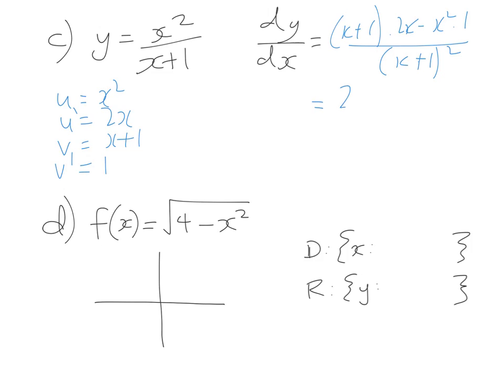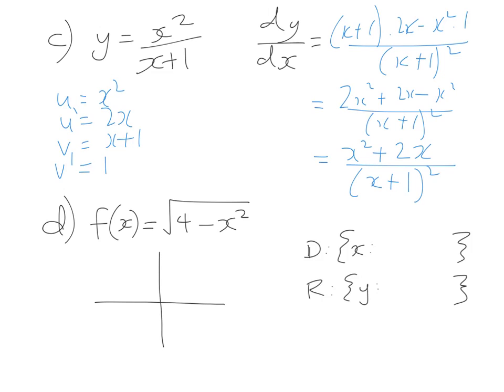Expand the brackets, we get 2x squared plus 2x minus x squared all over x plus 1 squared. 2x squared minus x squared gets you an x squared plus your 2x over x plus 1 all squared. Because the top will factorise to x and x plus 2, that doesn't cancel, so we can just leave it at that.